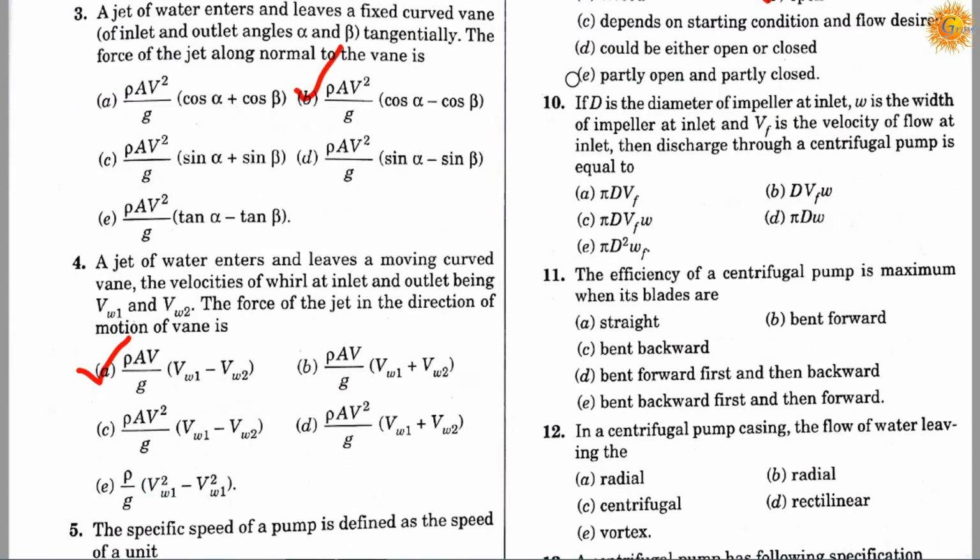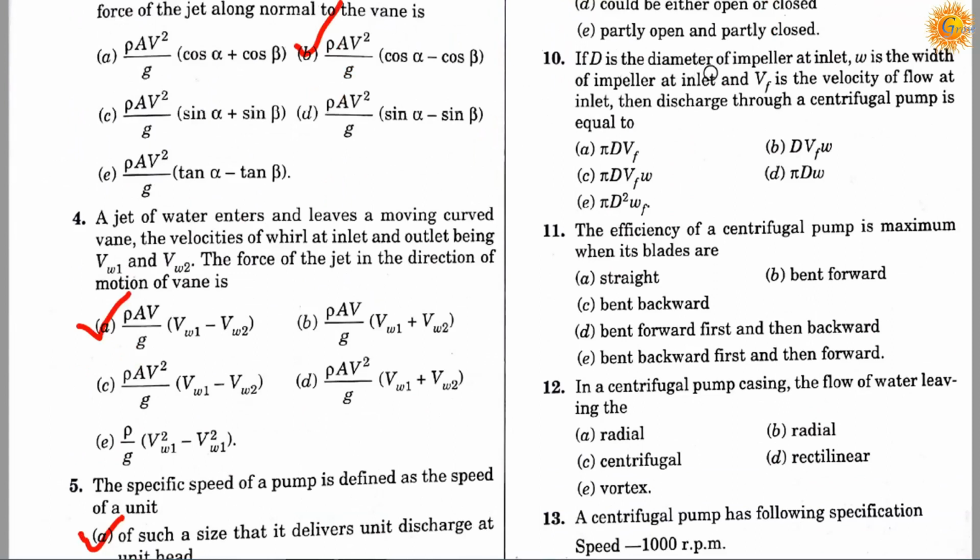Question number 10. If capital D is the diameter of the impeller at inlet, W is the width of impeller at inlet, and Vf is the velocity of flow at inlet, then discharge through a centrifugal pump is equal to option A, pi d Vf, option B, d Vf W, option C, pi d Vf W, option D, pi d W, and option E, pi d square Wf.